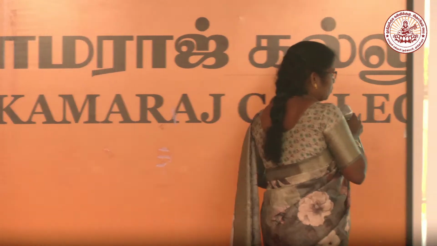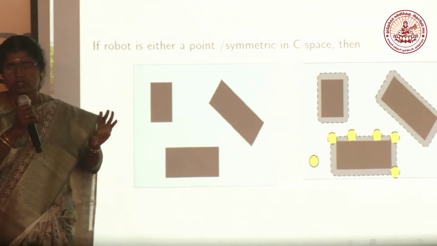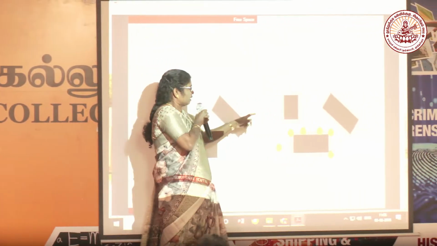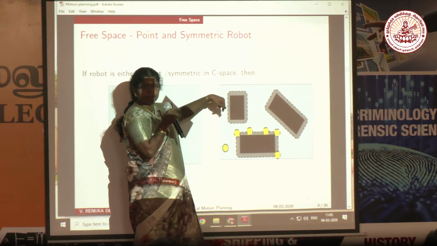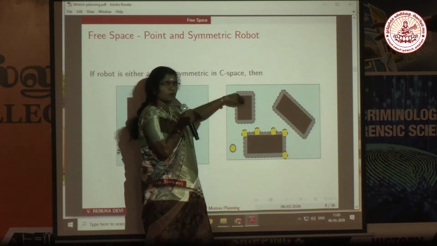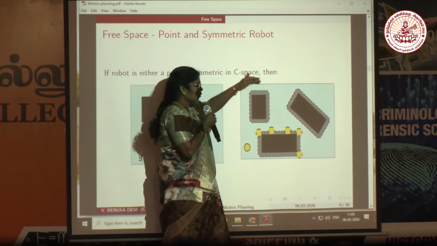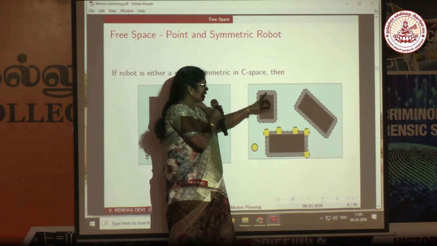Yes, a circle is a symmetric object. So in that case, the robot is denoted by either a point or a symmetric object, because it can be treated as a circle. Likewise, outside the obstacle, you have to choose the boundary of our robot, and then you have to fit that portion also. That is, the robot should not come nearer to this portion.